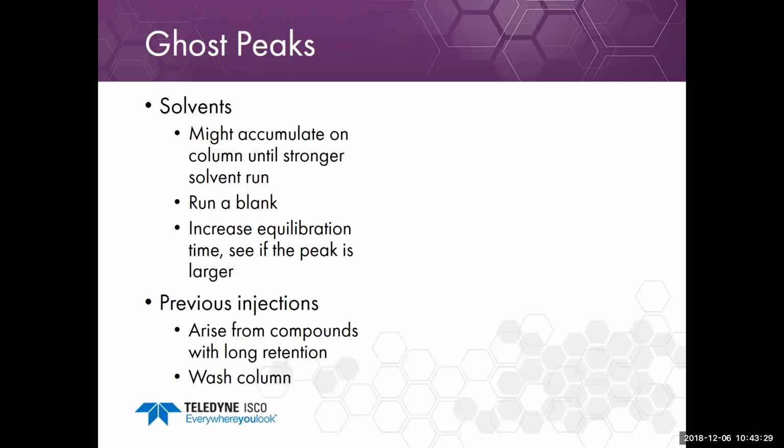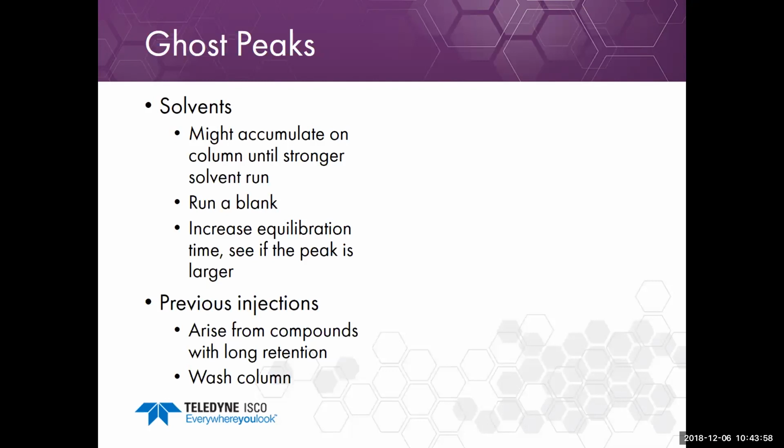I suppose another possibility is carryover from your injection system, but we're just keeping it simple here. Another thing you can do is increase the equilibration time and see if the ghost peak becomes larger. And again, you're just injecting a blank, no sample. So if you increase the equilibration time and your ghost peak gets larger, it's your solvent.